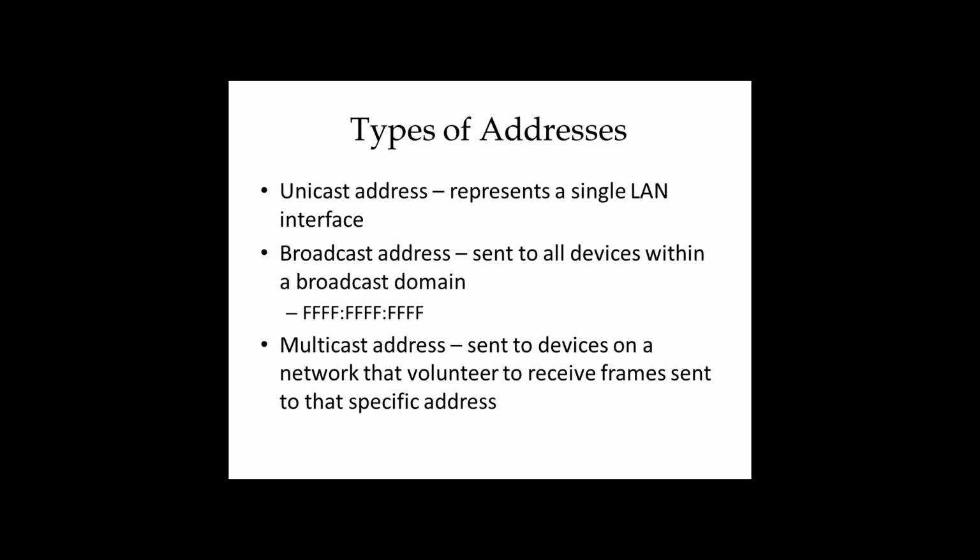Now, one common use case of broadcast is, say, my machine is trying to talk to a machine with IP address 10.0.0.1, and it looks in its ARP cache. That's a table on my system that has all of the MAC addresses it knows.